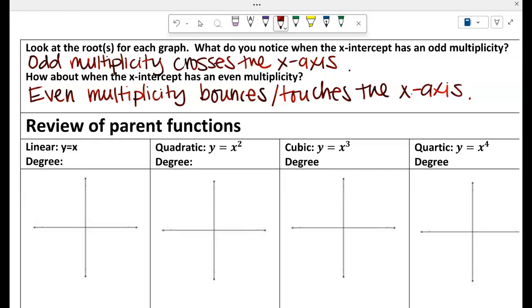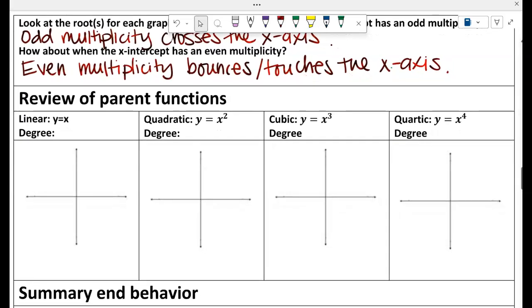Okay, so let's review really quickly some of the parent functions and what it does. First, we have a linear graph, y equals x. So linear, guys, that means a degree of 1. Since we don't have a y-intercept, we will start at 0. Let's make one tick mark all the way around here. So we start at 0.